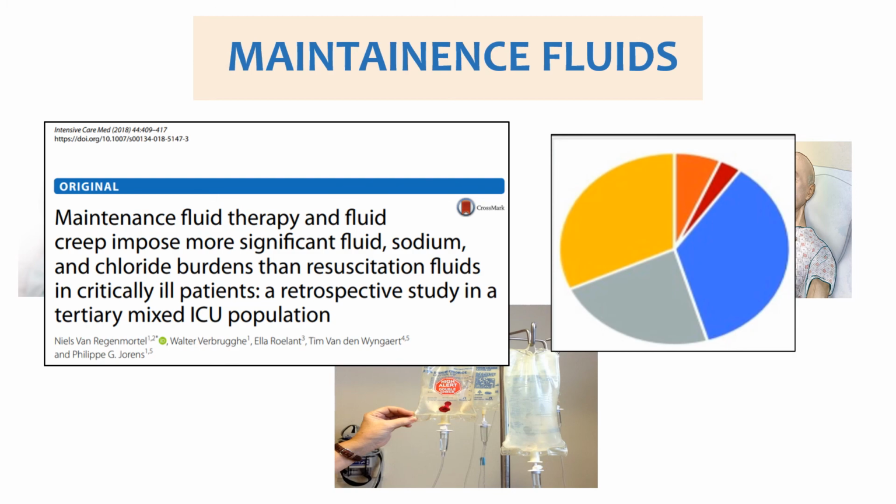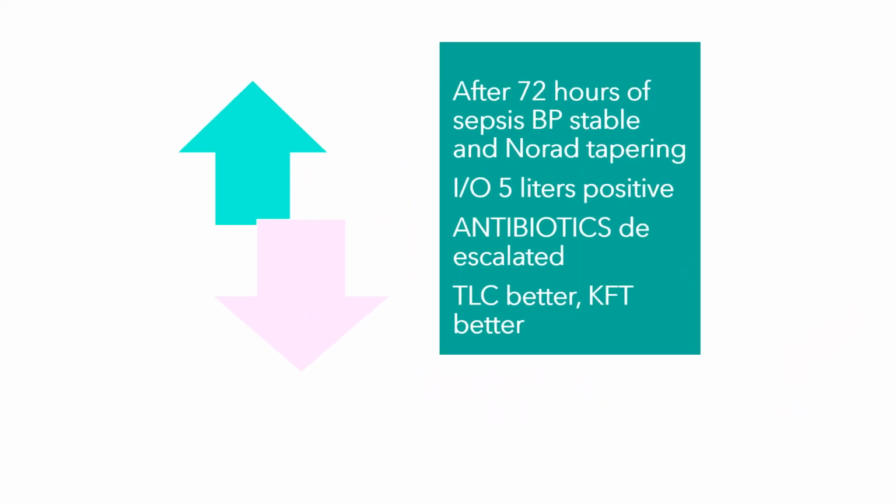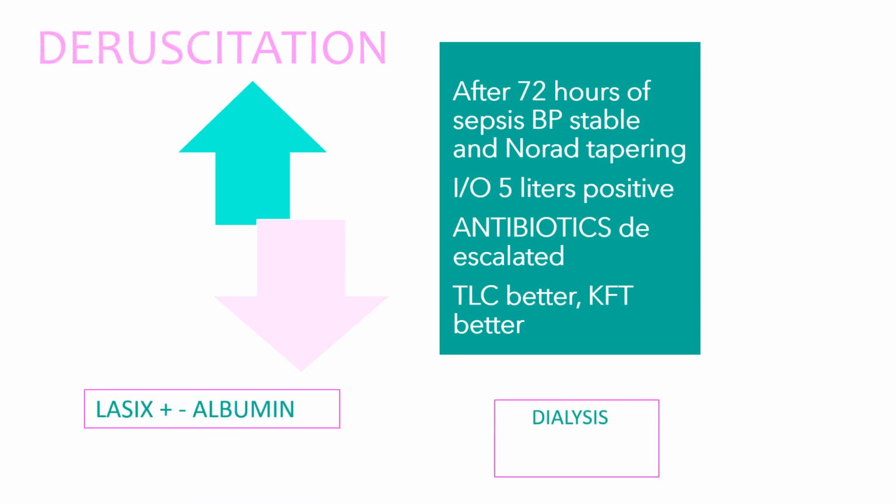At 72 hours after the patient has stabilized, you should be de-resuscitating the patient, and you can give some Lasix with albumin if you want, or you can even use dialysis if there is a renal shutdown. This is an evidence-based guideline to use dialysis, because de-resuscitation is very important.